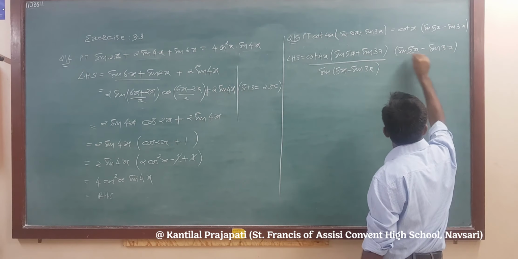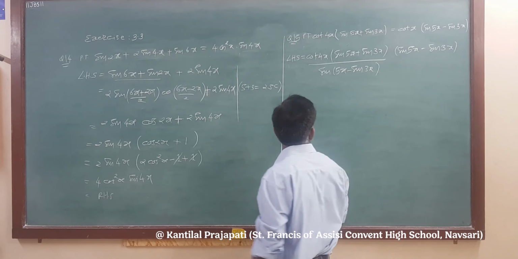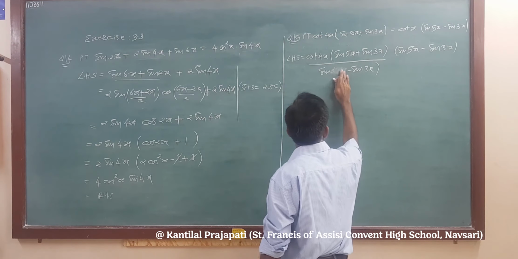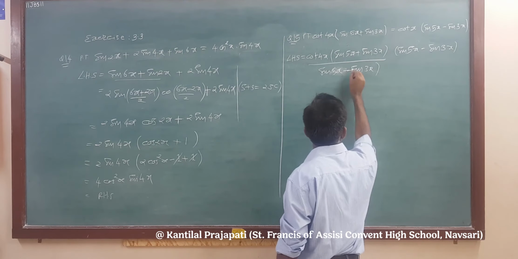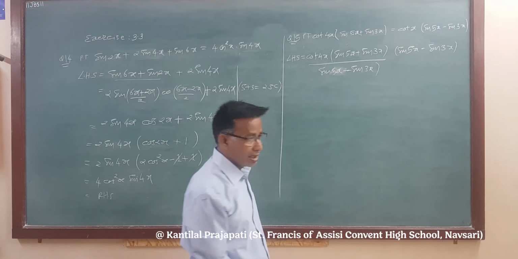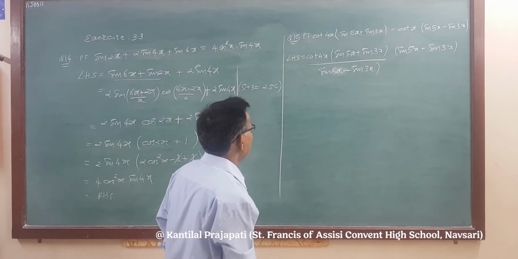Right? This term is required. We assume here sin 5x minus sin 3x is not equal to 0. This term must be non-zero.